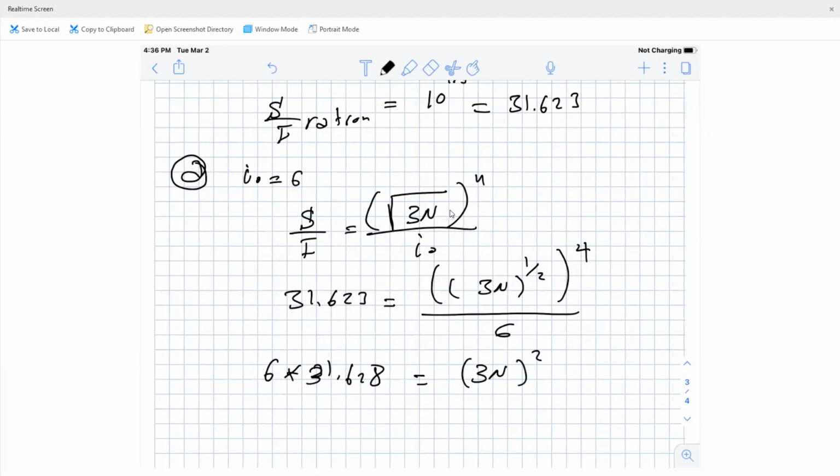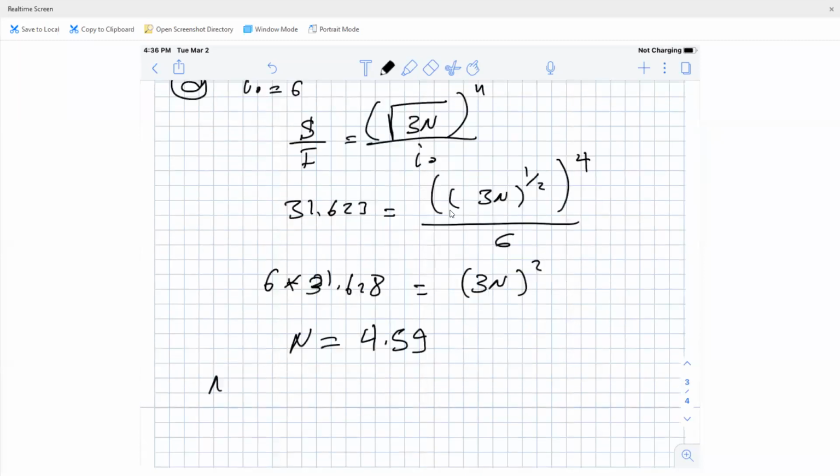So N capital will be about 4.59. Okay, 4.59. And as you know, according to the equation, N capital will be followed by i squared plus i times j plus j squared. Okay, N capital will be 7.